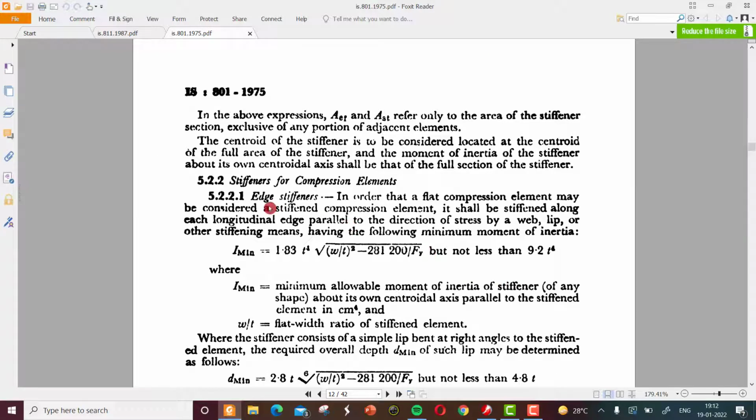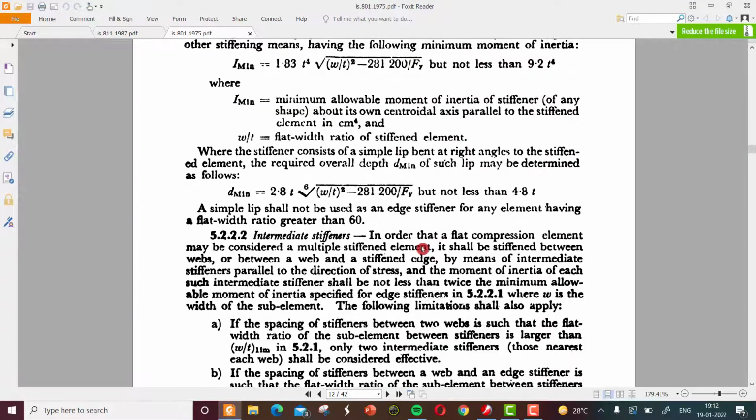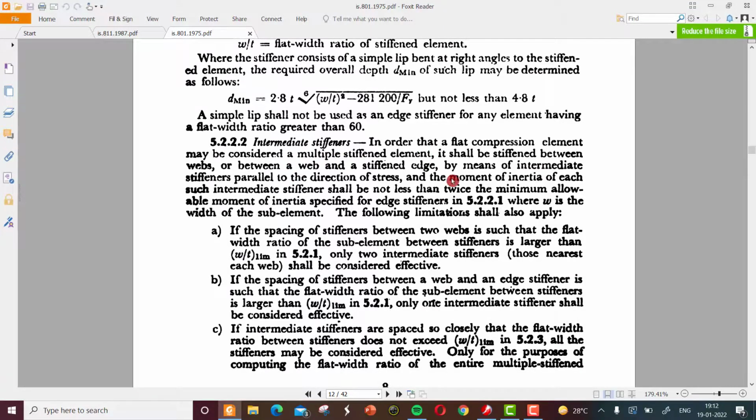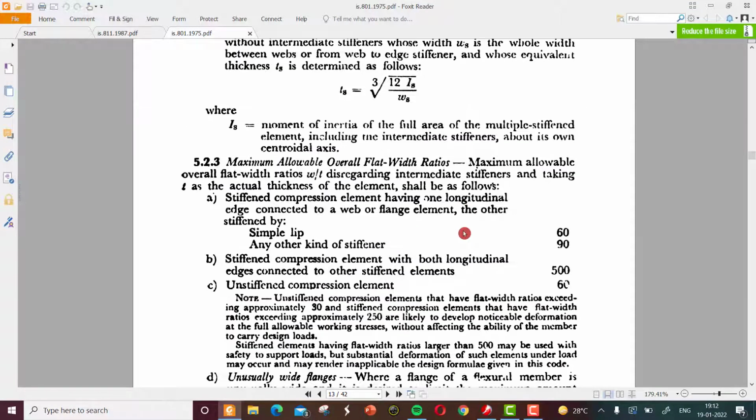Thereafter, there are portions on stiffeners for compression elements, the intermediate stiffeners, the maximum allowable overall flat width ratio. These are the maximum allowed values for different sections, for example for an angle section, for an unstiffened compression element.